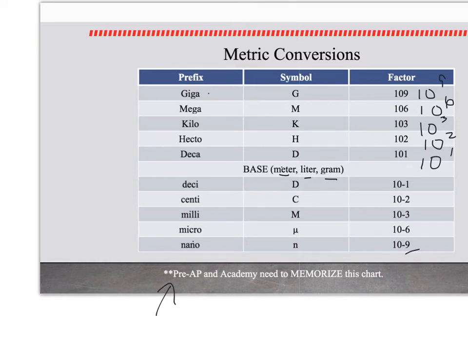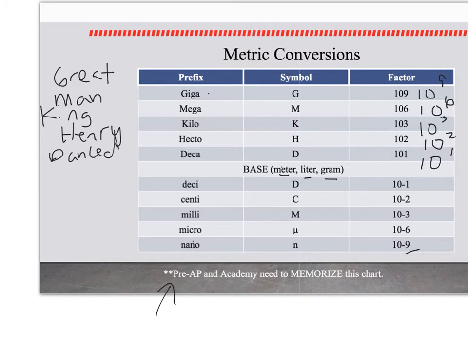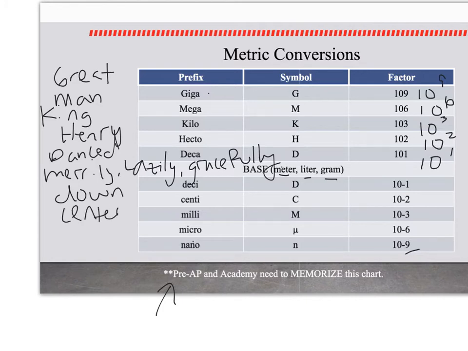An easier way of helping you just sit down and memorize everything in order, I have a saying: that great man, King Henry, danced merrily, lazily, and gracefully down center, main, under Narnia.